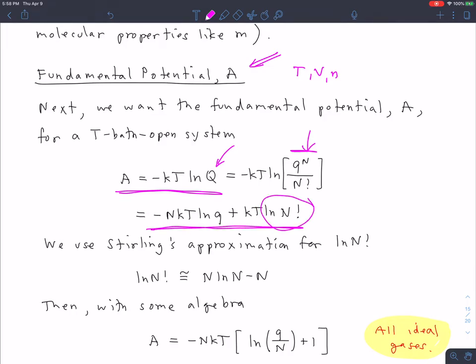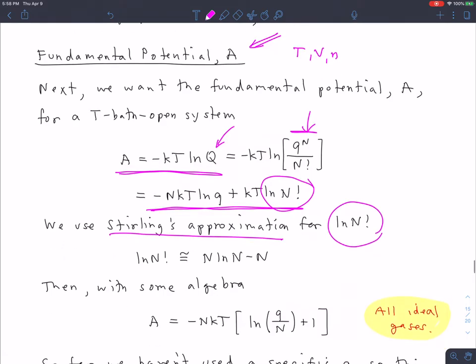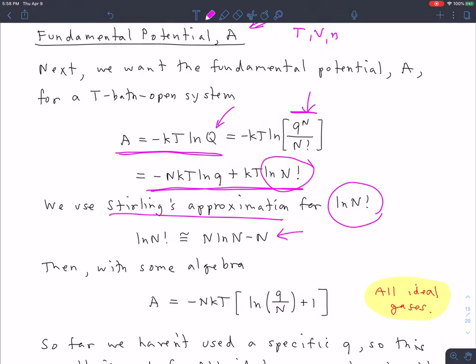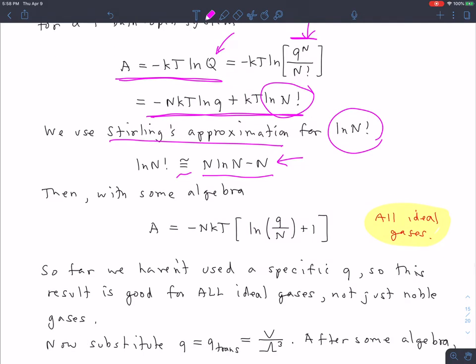You've got this log of N factorial. We use Stirling's approximation for that. That gives us that log of N factorial is approximately equal to N log N minus N. Plug that in and do some algebra, and that gives us that the Helmholtz free energy is minus NkT times the logarithm of the molecular partition function divided by N, the number of molecules, plus 1.